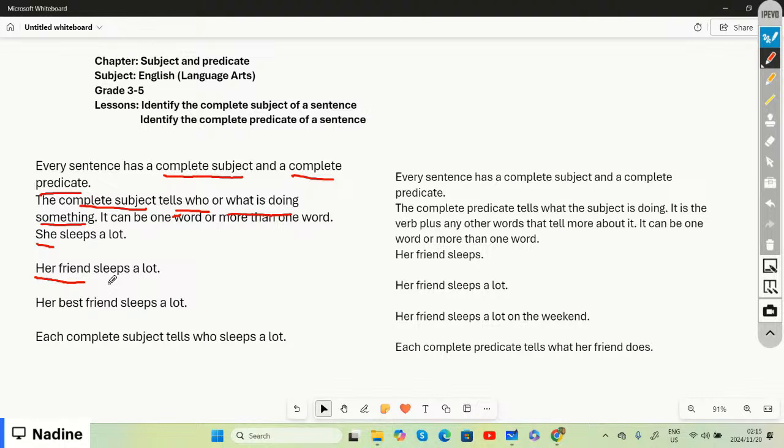If we were to identify the subject within the sentence, the subject is her best friend, because it tells us who is doing something. And remember, the subject can either be one word or more than one word.